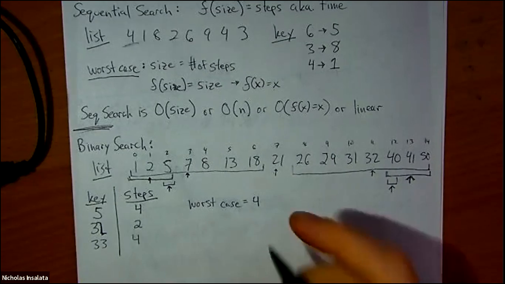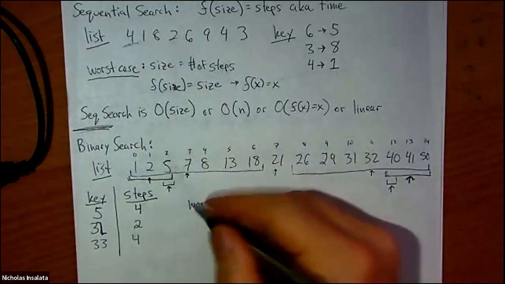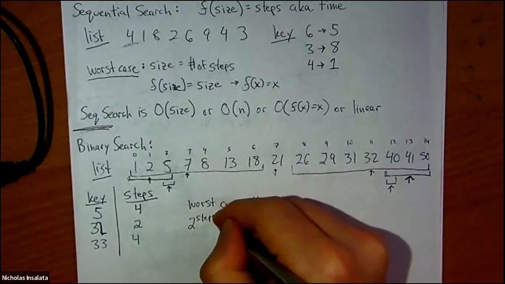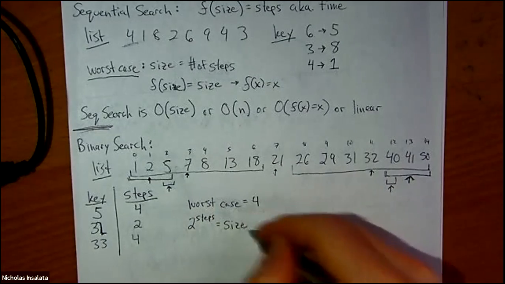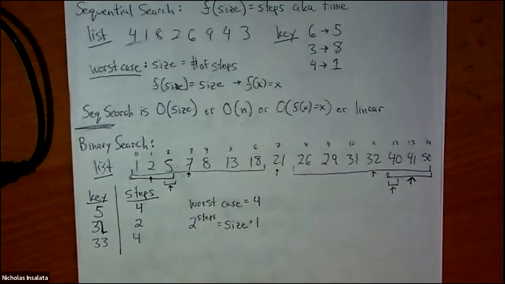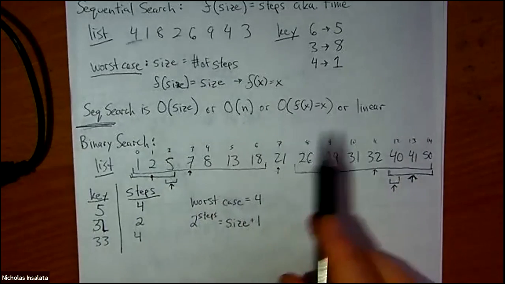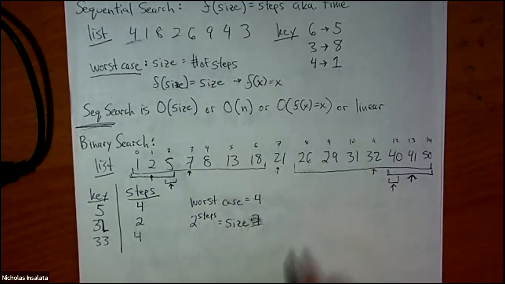Okay, 2 to the worst case, or as we were saying before, 2 to the number of steps, right? 2 to the number of steps equals size plus 1. Okay, and we can actually forget about the plus 1 because we're forgetting about coefficients, we're forgetting about extra terms. So I'm just going to forget about this, right?